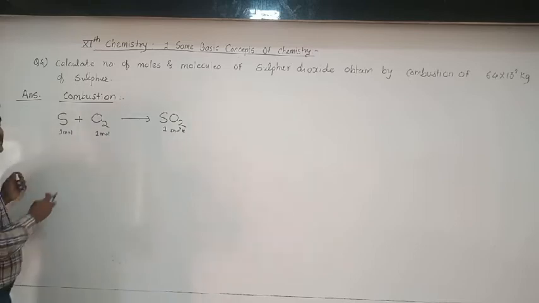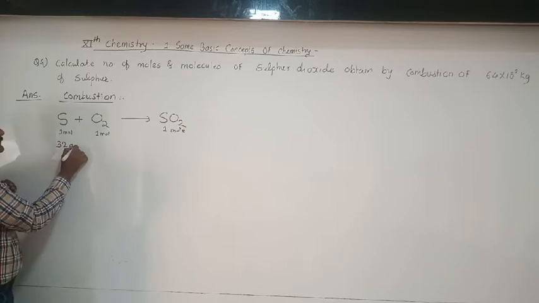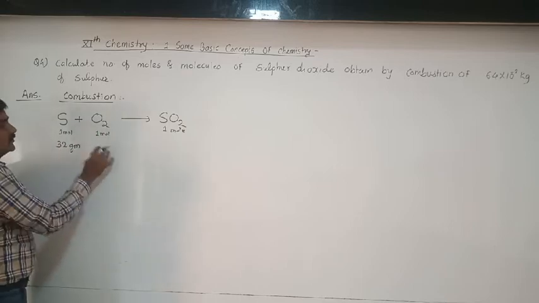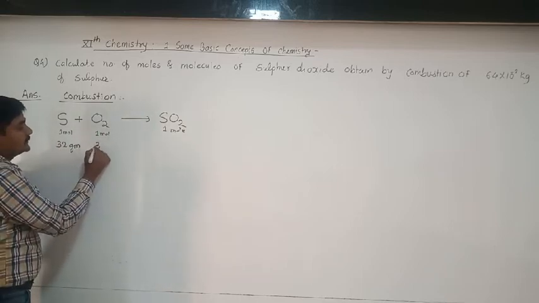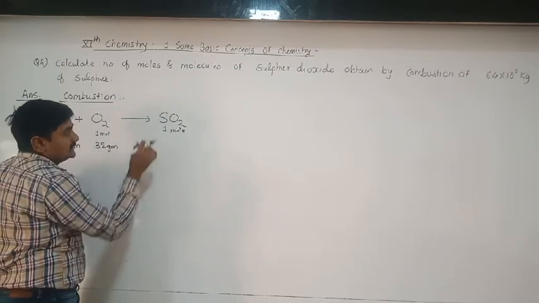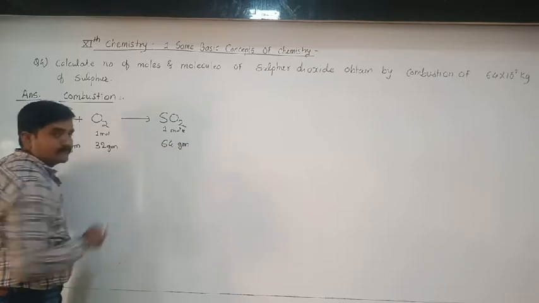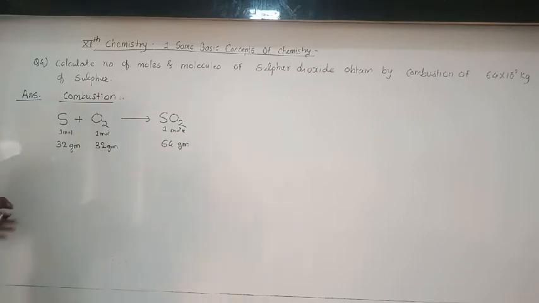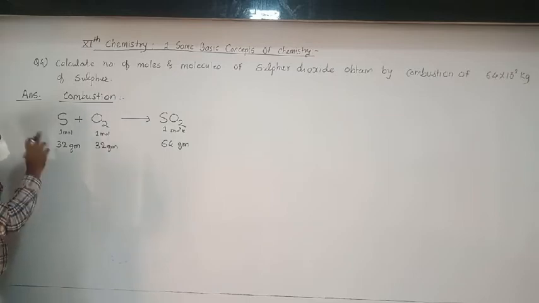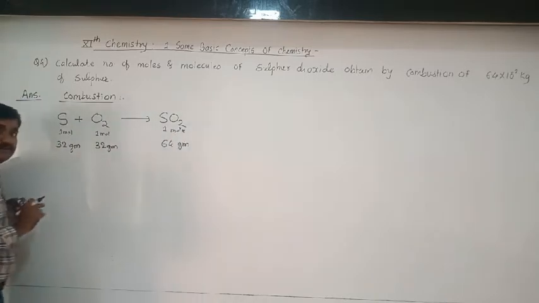From the mole concept, 1 mole of sulfur means how many grams? 32 grams. 1 mole of oxygen means how many grams? 32 grams. And 1 mole of sulfur dioxide means how many? 64 grams. Fine. That means from this reaction we conclude that when 32 grams of sulfur burns in air, it gives 64 grams of sulfur dioxide.